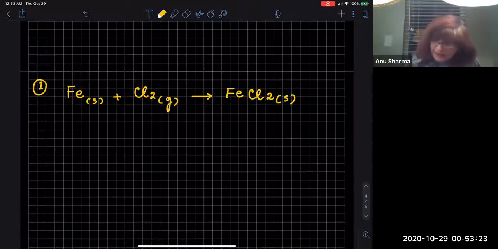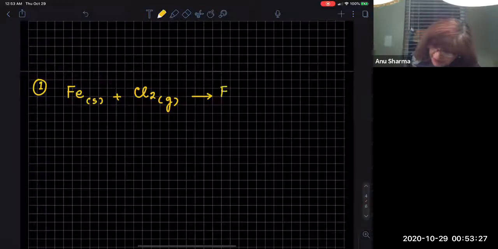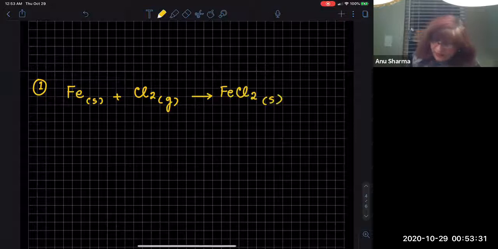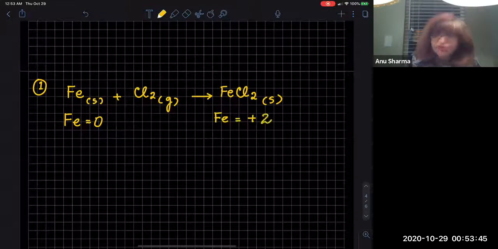So what are we doing here? Let me write this down completely. It is FeCl2, and this is a solid. Okay, so here we see that the oxidation number of iron is equal to 0. And here the oxidation number of iron is equal to its charge, plus 2. Okay, chlorine, because it is in a diatomic state, oxidation number is 0.